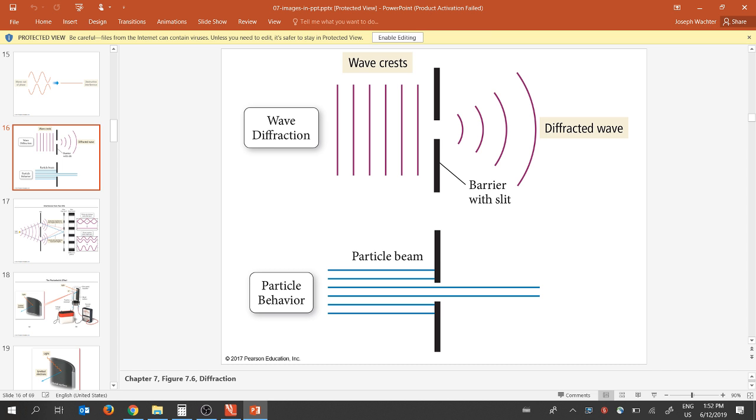If it's a wave, it gets diffracted, which means it gets pushed off course and recombined. If it's a particle, you would expect the particles lined up with the hole to go through, and the particles not lined up with the hole to stop at the wall. Make sense so far? Okay.